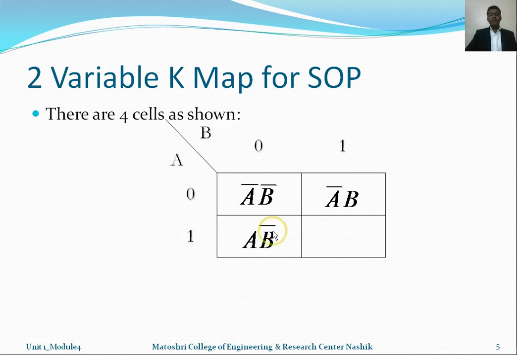Here B is 0, hence it is B bar, so A B bar is the location of this cell.